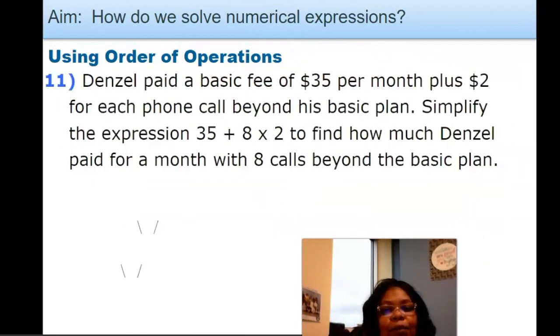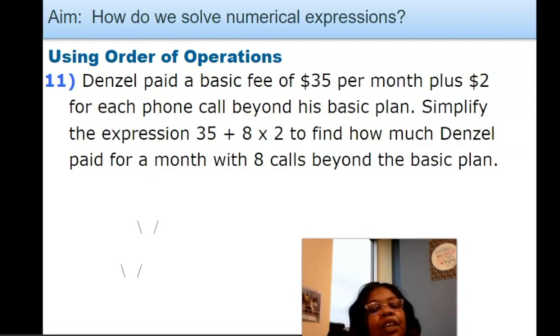So sometimes you'll see the order of operations written as standard algorithms, so written in number form, and sometimes you'll have to do it in number form. So Denzel paid a basic fee of $35 per month plus $2 for each phone call beyond his basic plan.